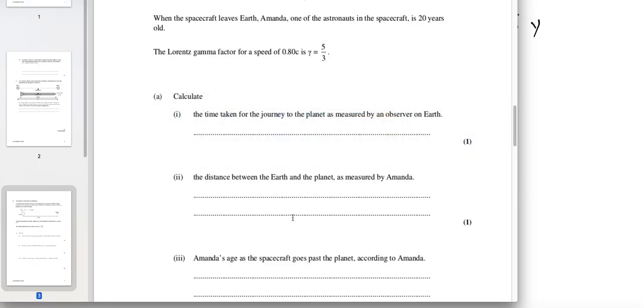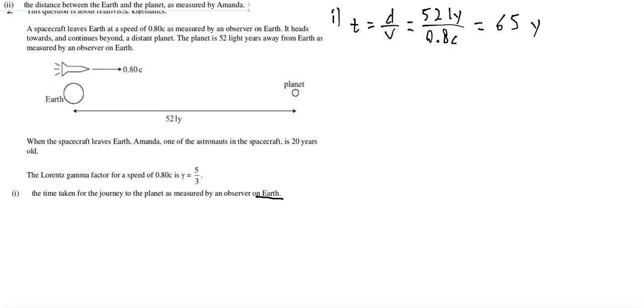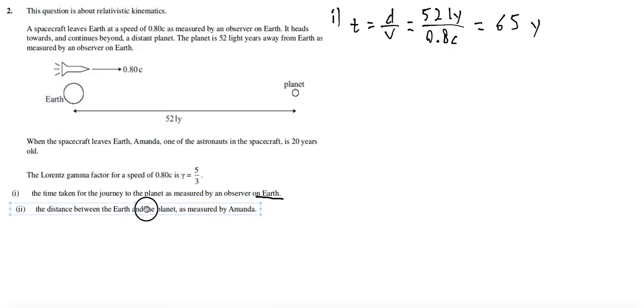Okay, next: the distance between Earth and the planet measured by Amanda. Amanda is an astronaut. Amanda is in the spaceship. Okay, what is the distance for her? So she measures a distance which is not proper. So the distance, or length, for her is the proper one divided by the Lorentz factor.